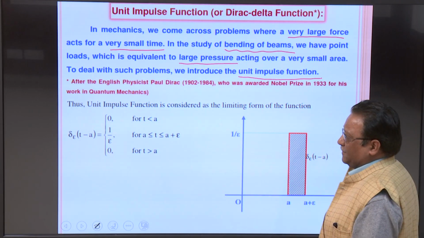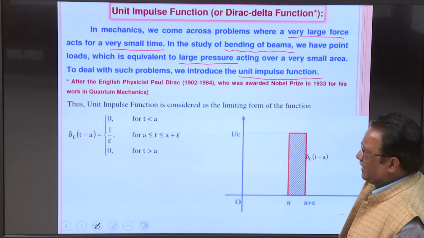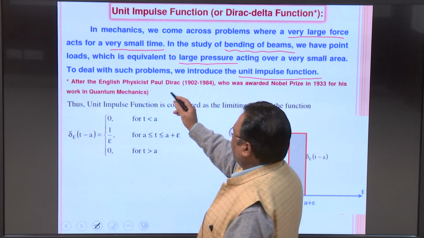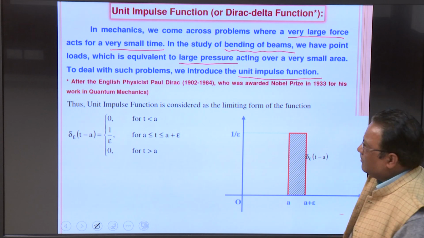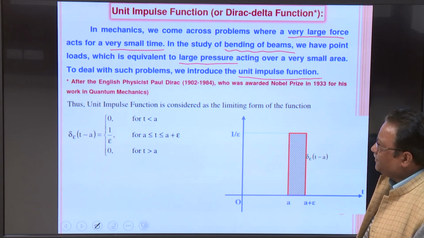It was discovered by the English physicist Paul Dirac, who was awarded the Nobel Prize in 1933 for his work in quantum mechanics.